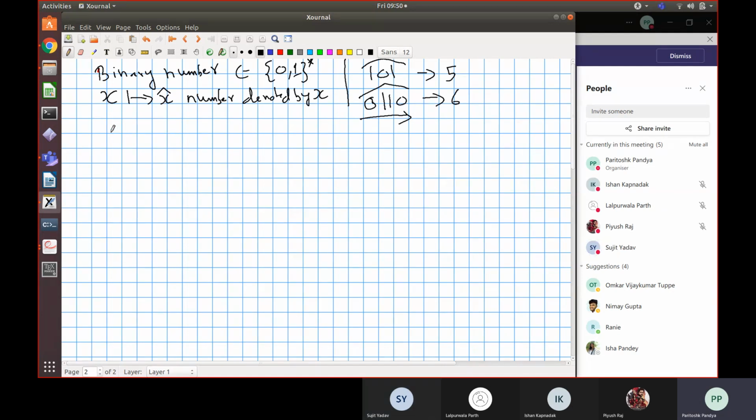And what we want is a language L of all binary strings x belonging to {0,1}* such that x hat is divisible by 3.